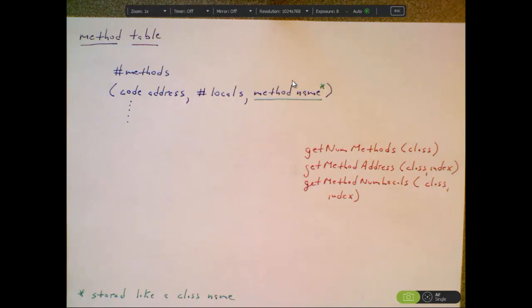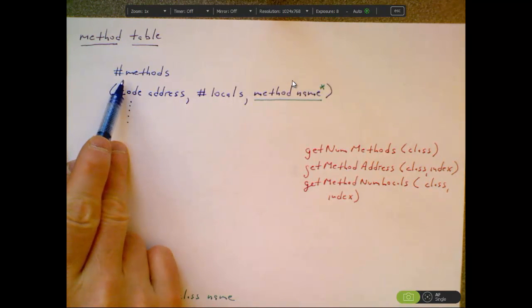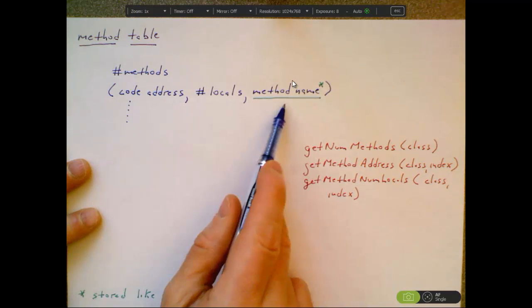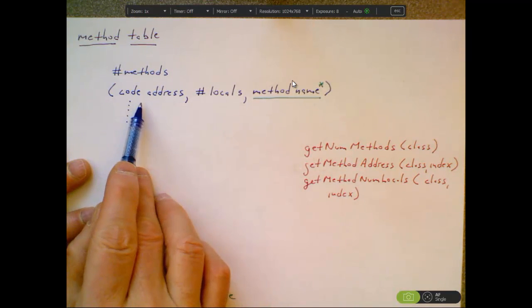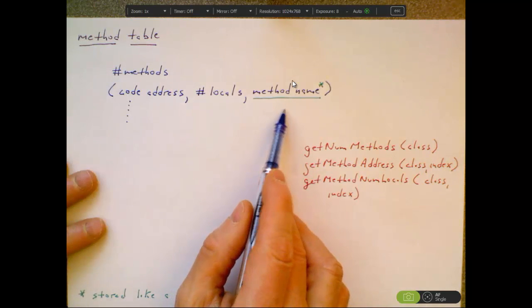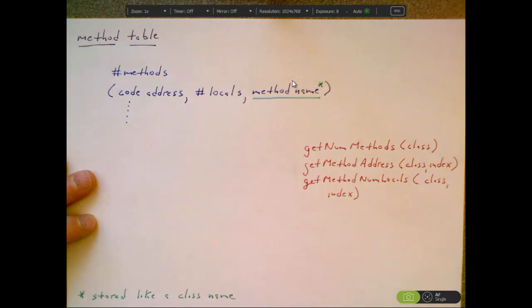So what's the method table look like? Well, it starts with the number of methods, and then it has a table of triples, where you have the code address. Where's the code for this method? How many local variable slots does it require? And what's its name? And again, these names are annoying because they're stored just like class names, so they're variable length.